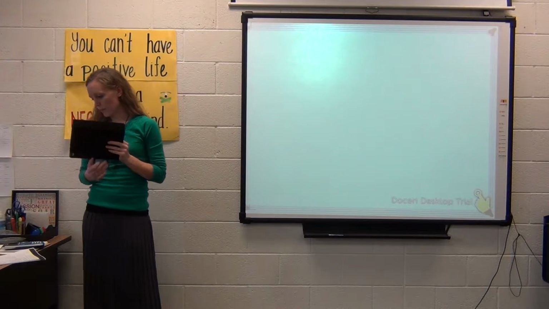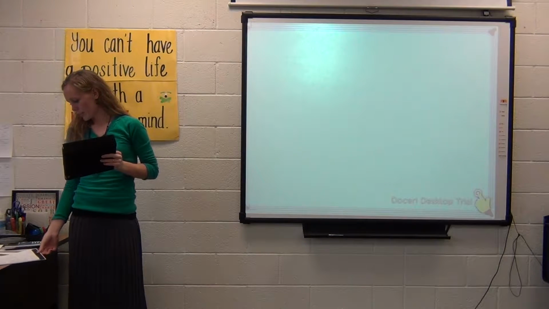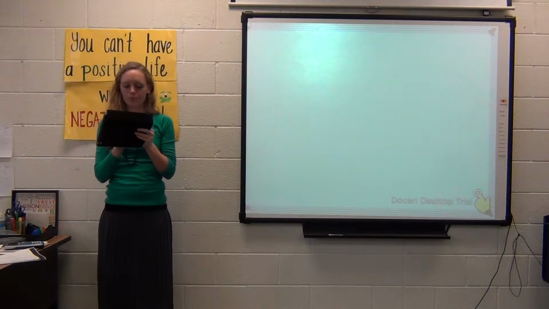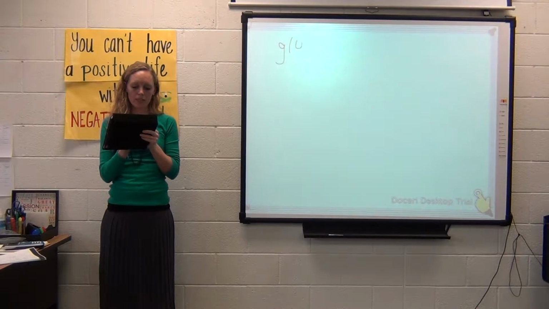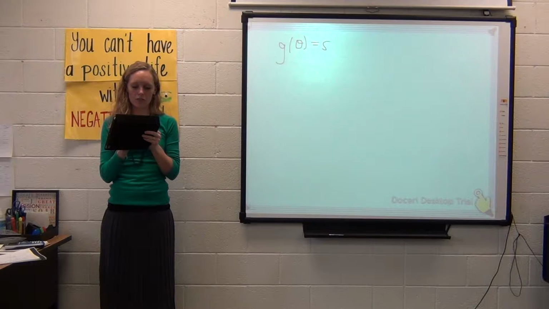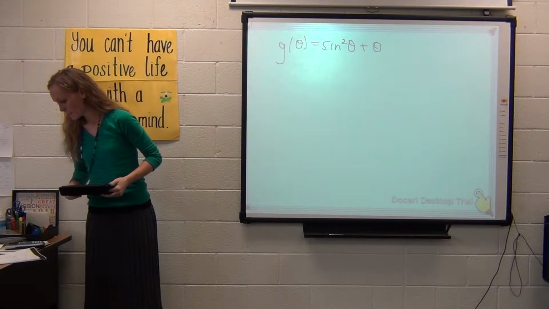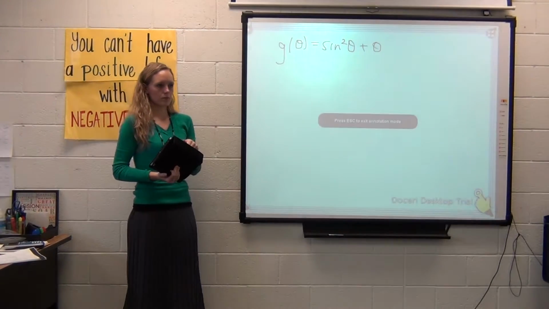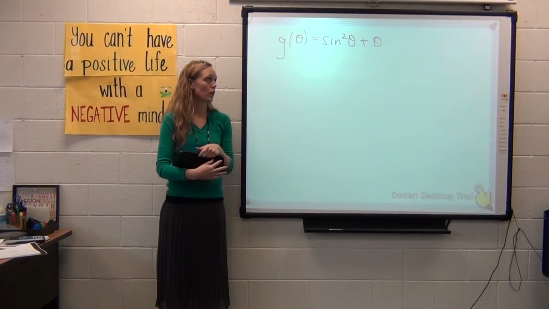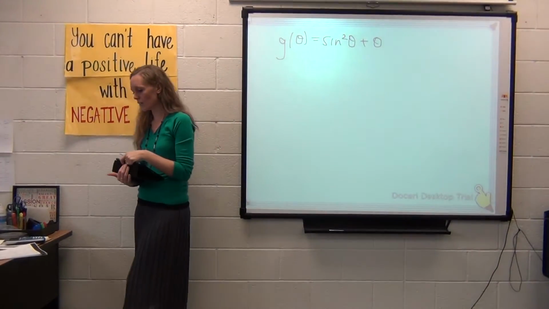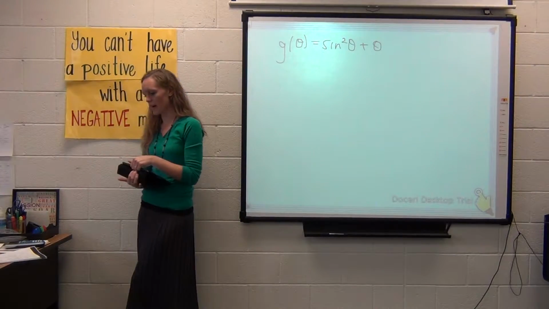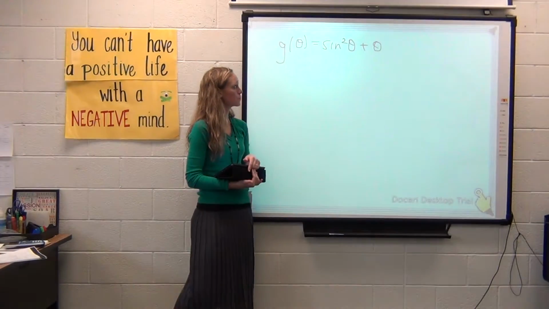Okay, next example, I'm going to look at number 29. 29 says g of theta equals sine squared theta plus theta. We're being asked to find the critical points and determine whether they're mins, maxes, or neither.